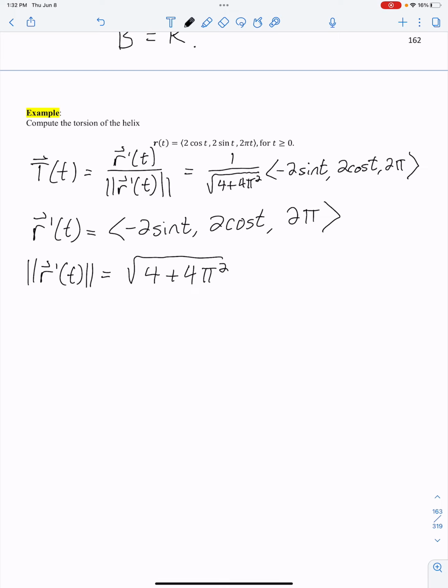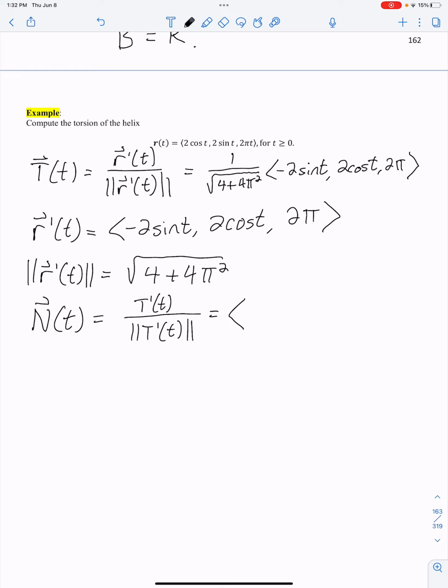We also need N. So N is T prime of t over the magnitude of T prime of t. I'm going to help you out on this for the sake of video because that's going to take some time.